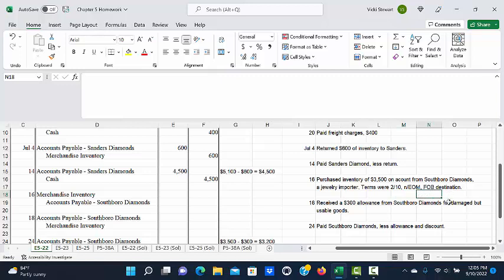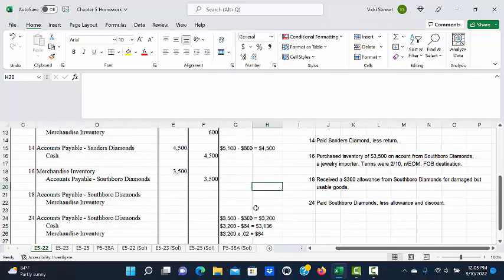FOB destination means that Southborough Diamonds will be paying the freight and they will also have any risk during the shipping period. So to record this transaction, we would debit merchandise inventory for $3,500 and we would credit accounts payable, Southborough Diamonds, for the same amount.